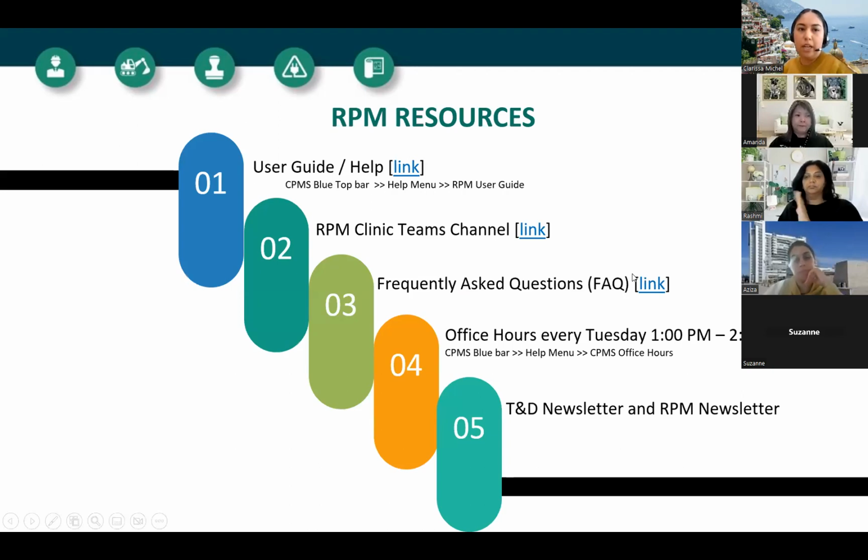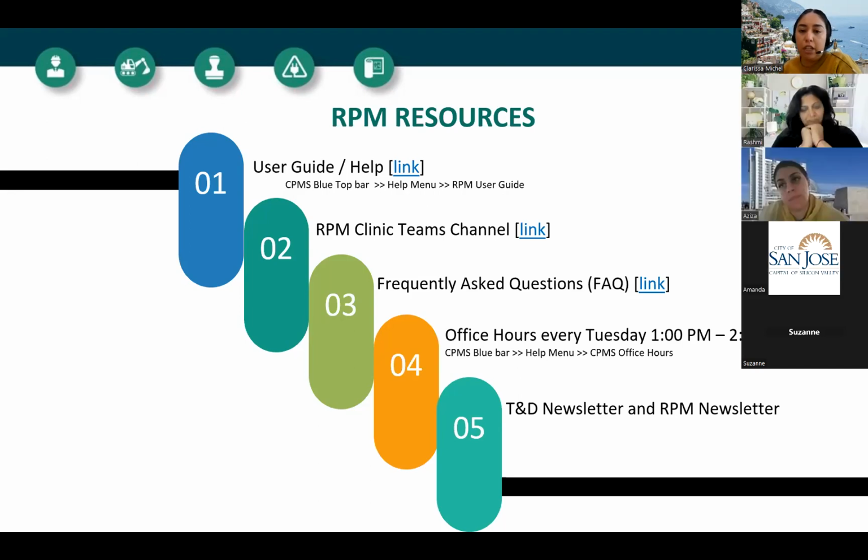We're pretty good on time, but RPM resources that we want to address. Most of you may be familiar with most of this, but these are all the tools and resources that you have available. One being the user guide help, and when you receive this slide deck later on, or if you access it from the T&D dashboard, you'll be able to hit these links automatically. Number 2, RPM Clinic Teams channel.